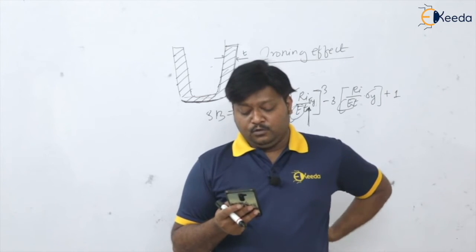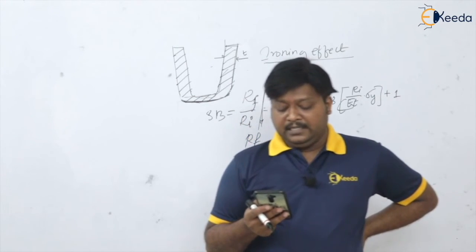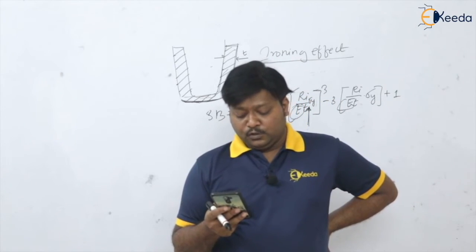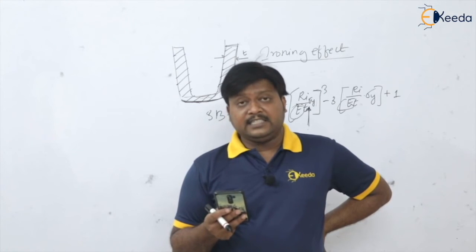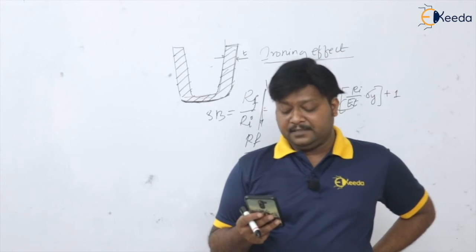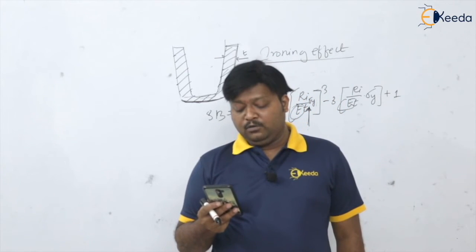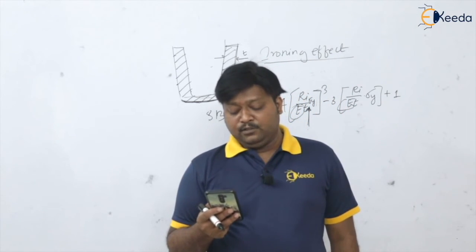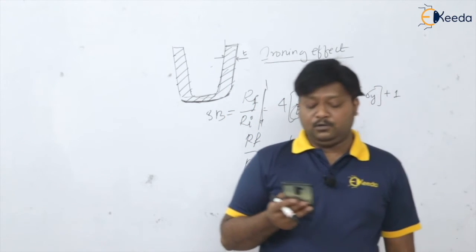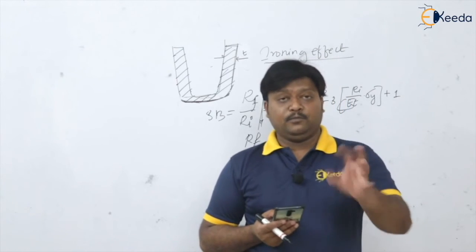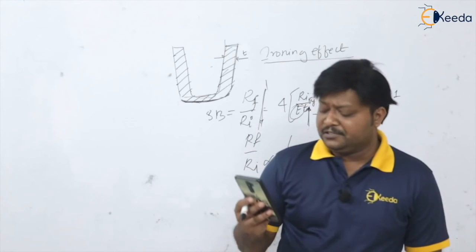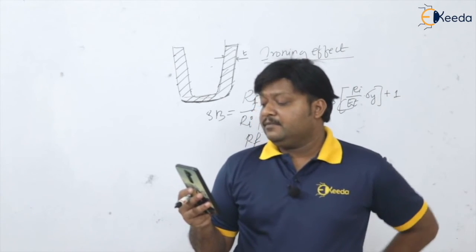Okay, so the options are: produce a balance between stretching and drawing. Option B, produce a circular groove on a flange. Actually this is the technique to provide the draw bead. Option C, reduce the drawing load. Option D, reduce the wrinkles on the flanges. So wrinkles on the flanges are reduced by using this draw bead. And the diameter of the draw bead is generally 13 millimeter to 20 millimeter. We have seen this. Next question.